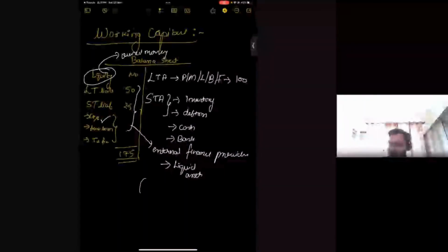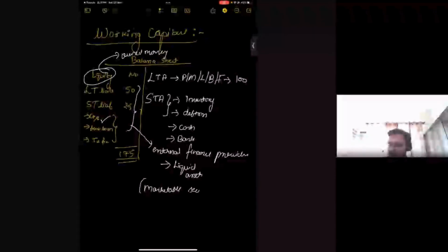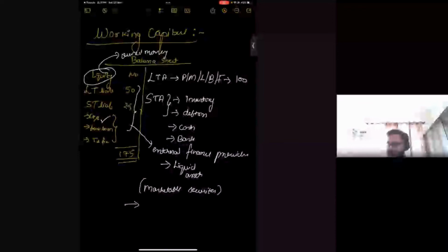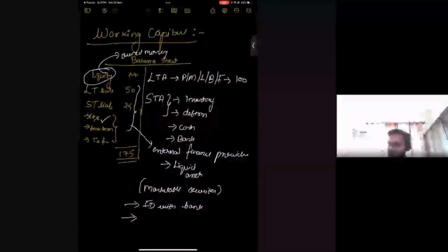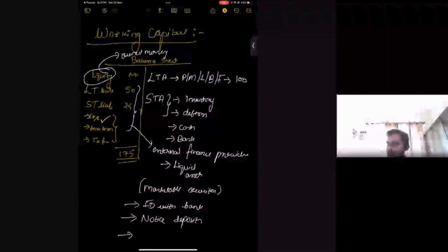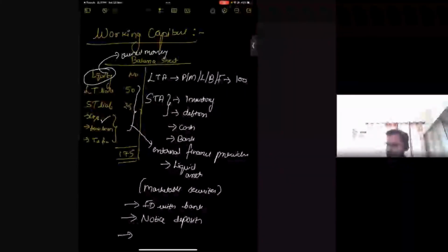When I say liquid assets, they can be marketable securities, which can be sold at any given point of time. Examples can be, let's just say, fixed deposits with a bank, notice deposits.